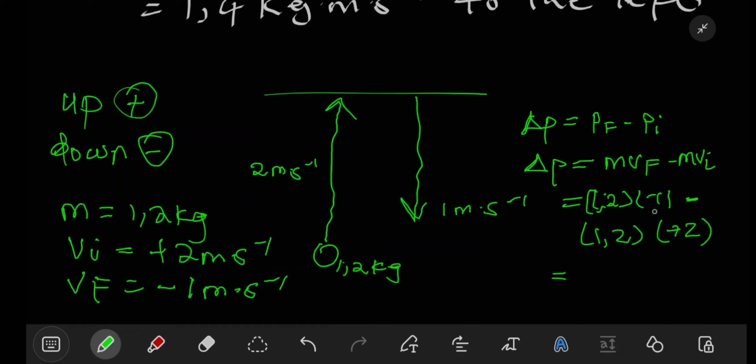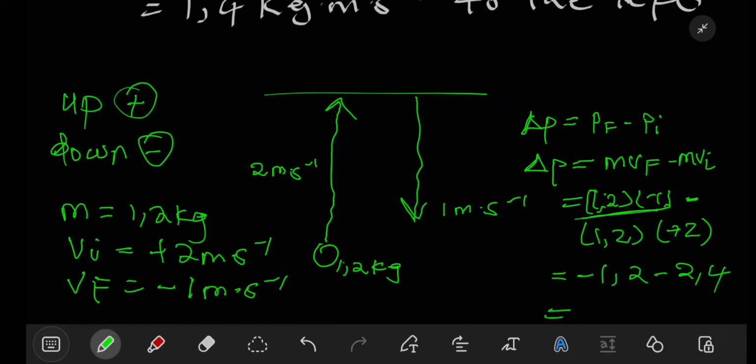When we simplify this, we have negative 1.2 for this one, and then minus, and when we multiply 1.2 by 2, we get 2.4. So we subtract 2.4.